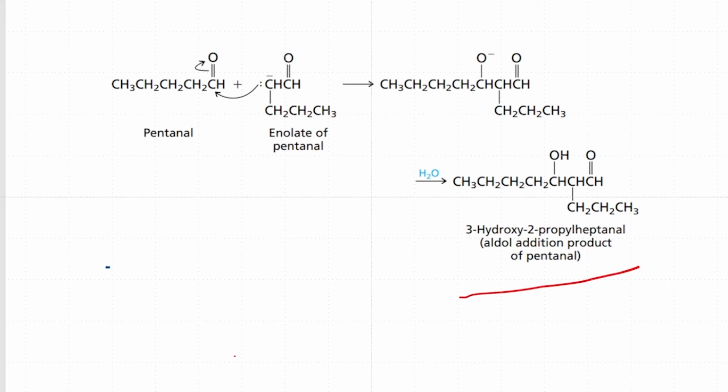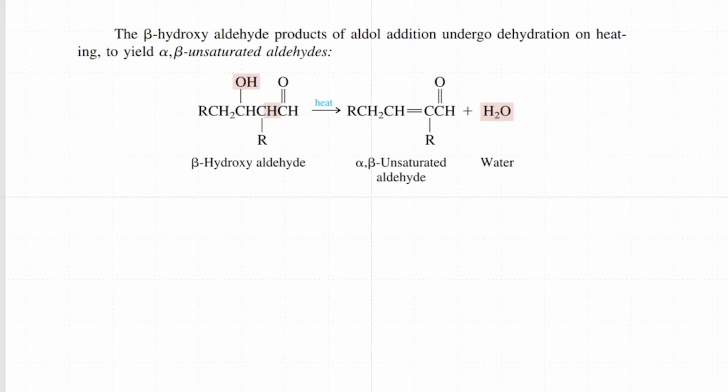But the story doesn't end here. What invariably ends up happening is that these beta-hydroxy aldehydes have a tendency to lose water and produce an olefin. What is fairly well known, and we have discussed this previously as well, is that there's a dehydration reaction which can give you an alpha beta unsaturated aldehyde.